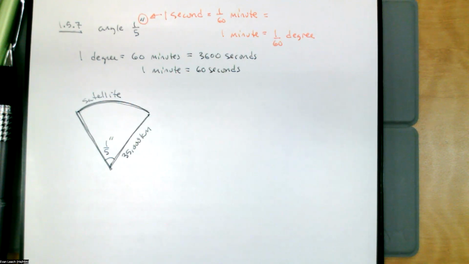Strategy number 1. I want to calculate the arc length with this radius of 35,000 kilometers and this angle of 1/5 of a second.